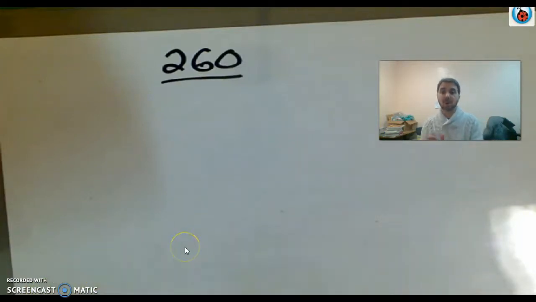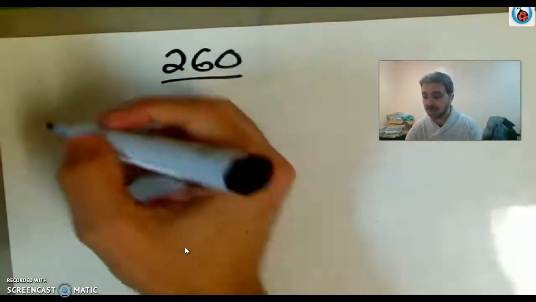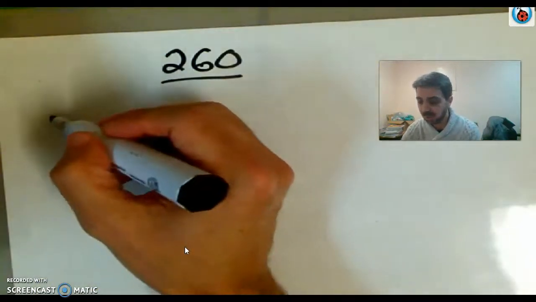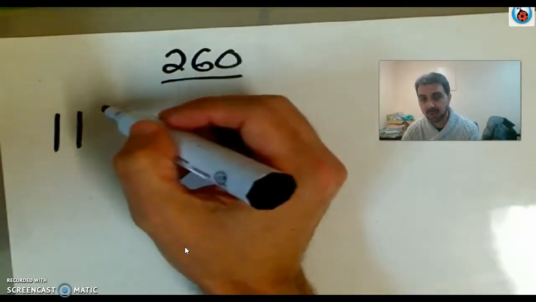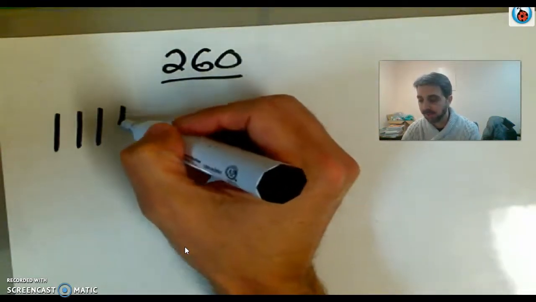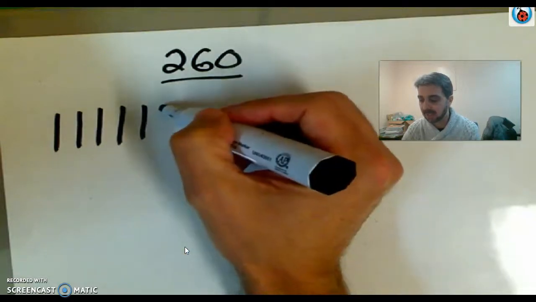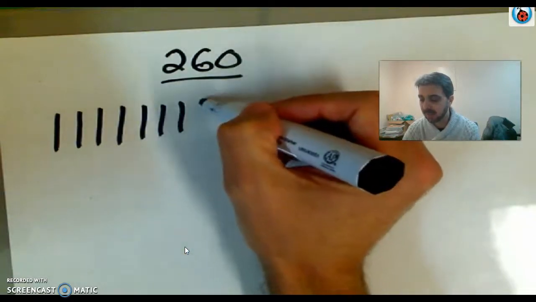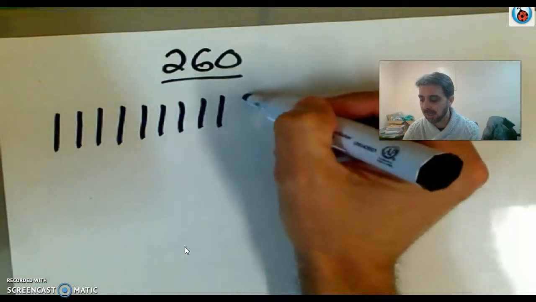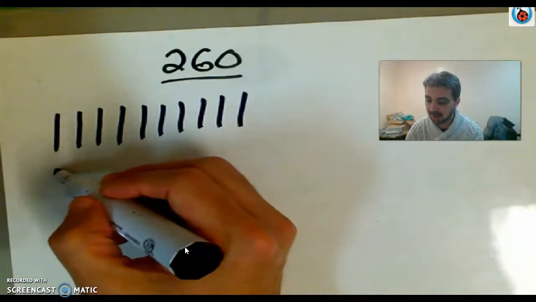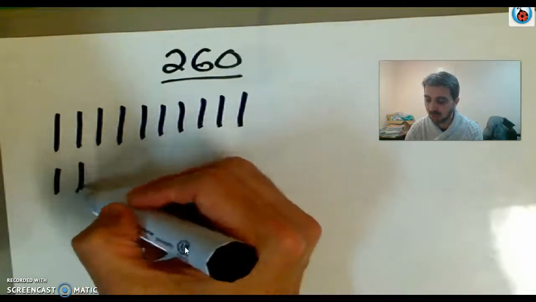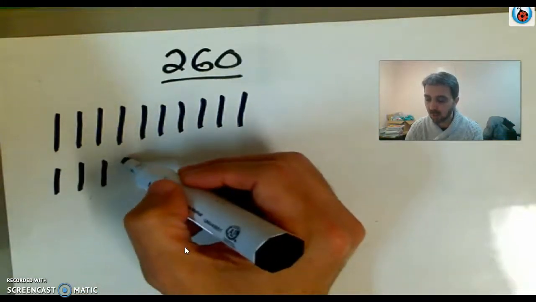All right, so what do you guys think? Did you draw some pictures? Did you go something like, let's say, 1 bag is 10, 20, 30, 40, 50, 60, 70, 80, 90, 100. And then I'm going to come down here, 110, 120, 130, 140.